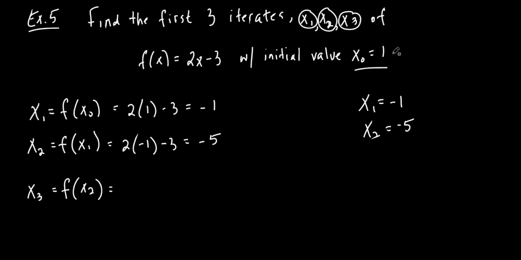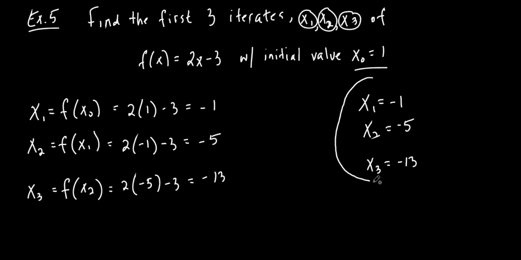They just ask for the first 3, so we're only doing it 3 times. So 2 times what? Negative 5. Do you see the pattern? Yeah, it's pretty simple. So that's negative 10 minus 3 is negative 13. And we'll just write it down there. So x3 is equal to negative 13. And there you go. That's all there is to it.